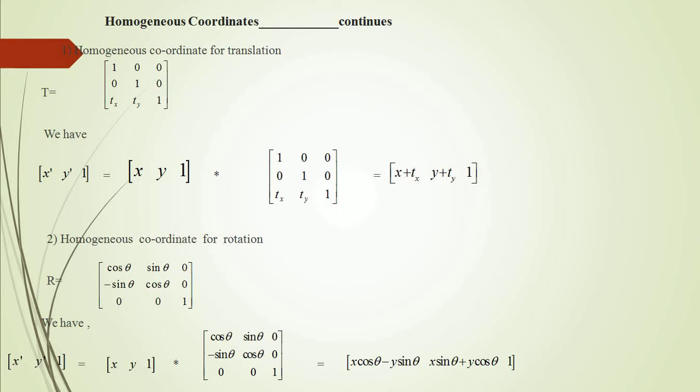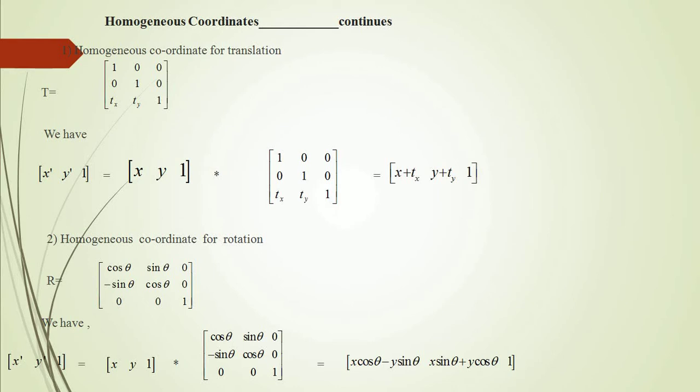So x' and y' are xw and yw, where xw means x into w and yw means y into w, with w equal to 1.